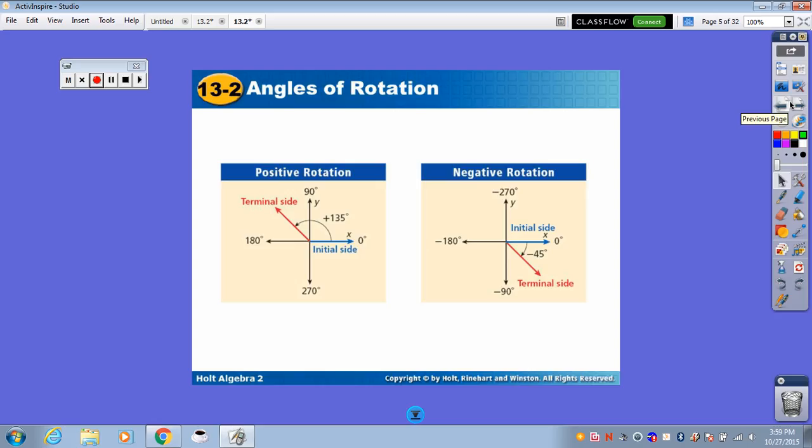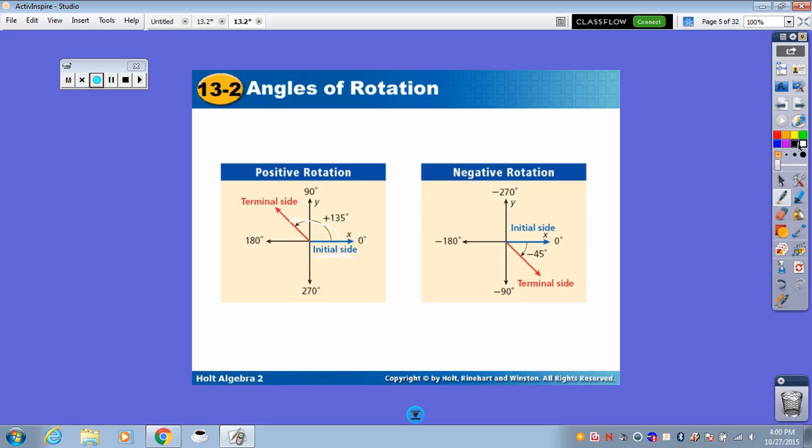When we're looking at these two pictures, one of them indicates a positive rotation. Rotating counterclockwise gives us a positive angle. We can see in here that our initial side is along the x-axis. This is our initial side right here. When we rotate from the initial side to the terminal side, terminal side in red, we have an angle measure of 135 degrees for a positive rotation.